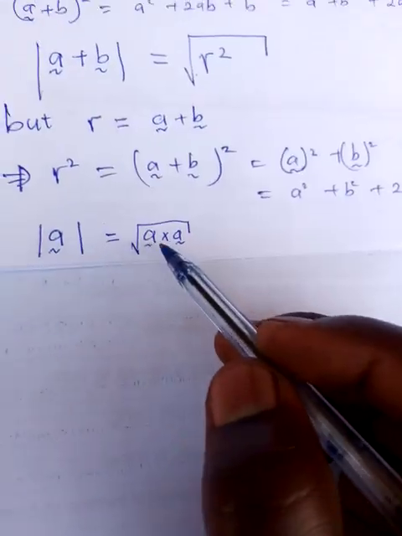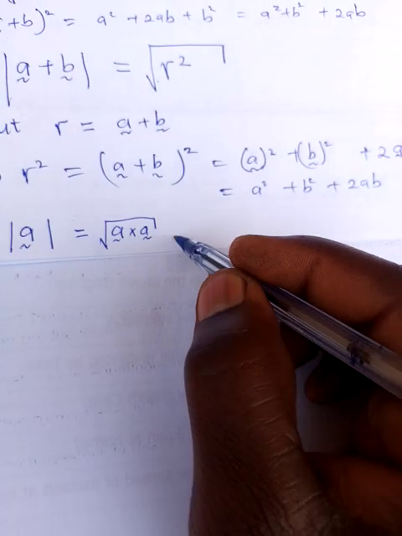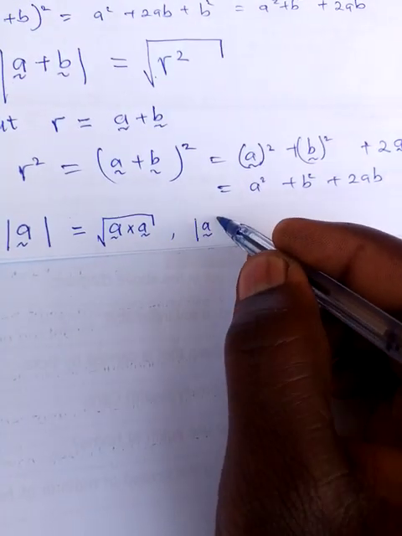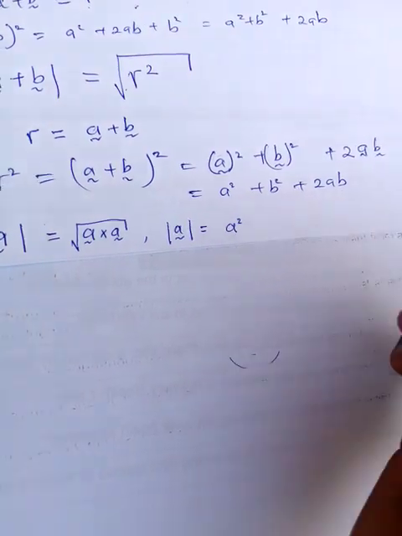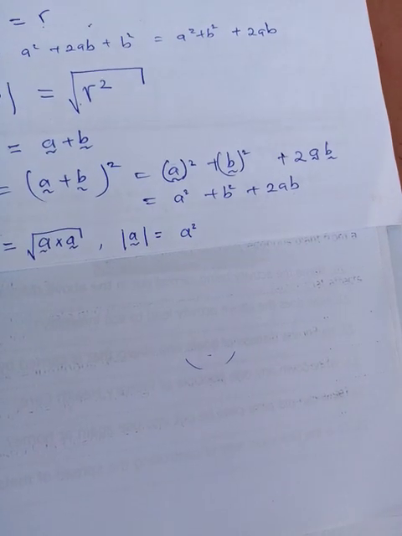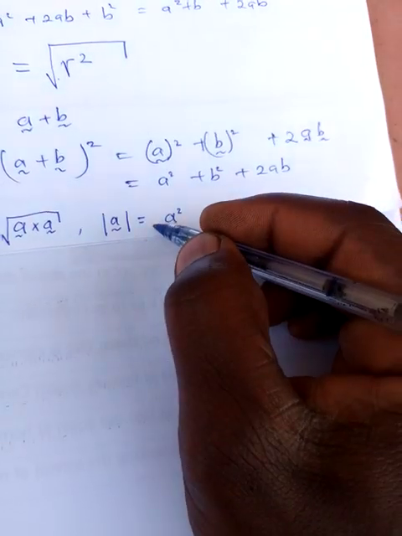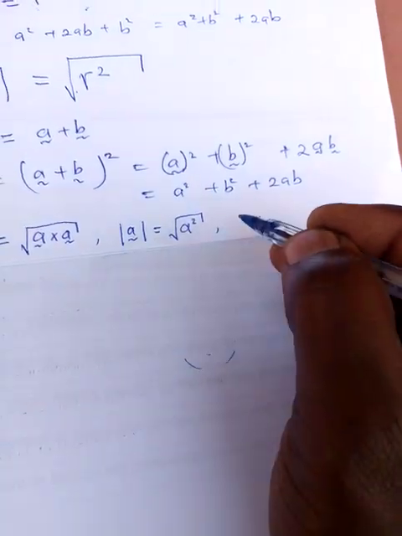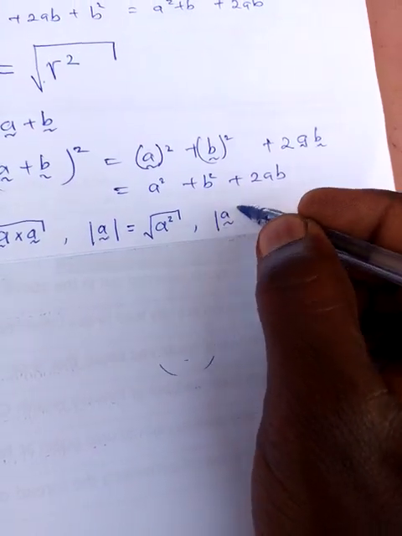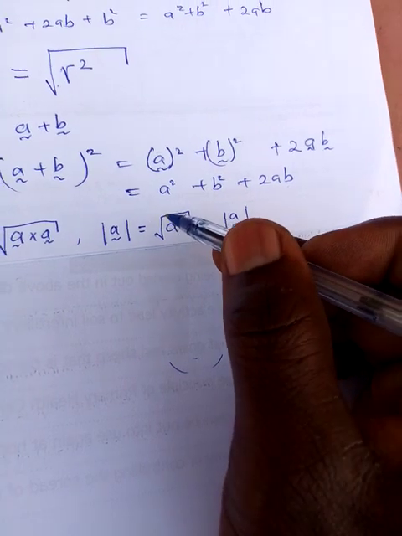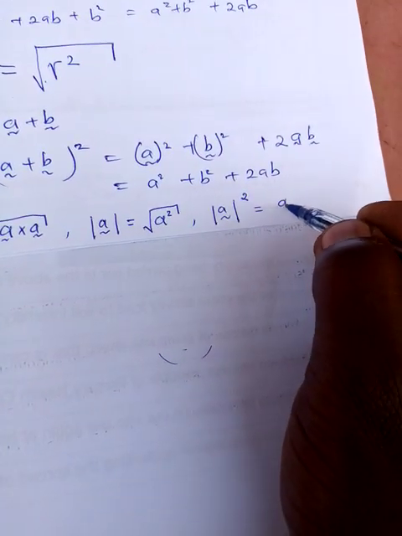But a times a gives you a constant, therefore it's the same as the constant a squared under the square root. Then when I remove this square root symbol, I square this, and it will be equal to a squared.